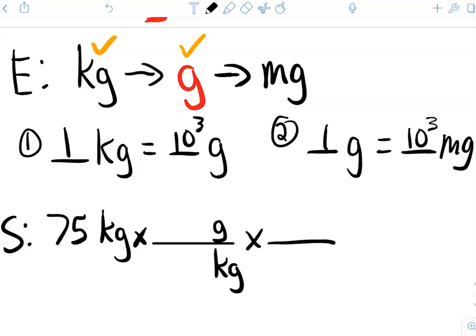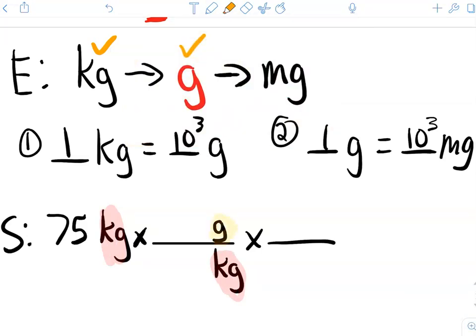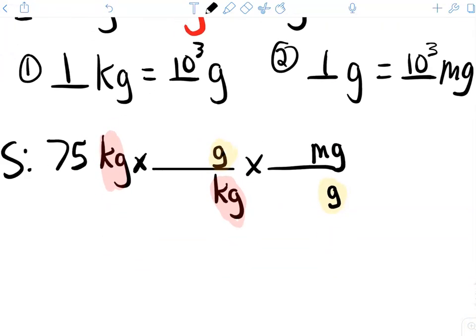So if I'm here, and again, you can do this so that you know your units. So if my unit of gram is on the top, my unit of gram has to be on the bottom, and then the unit I'm trying to get to is milligram, it goes on the top. And now we just plug in from our relationship.